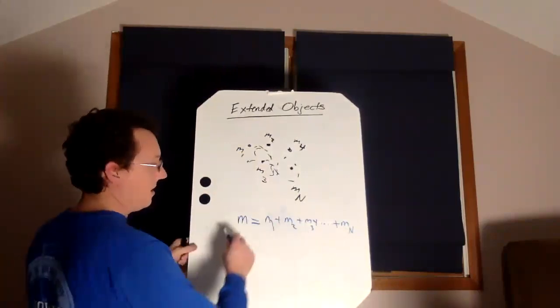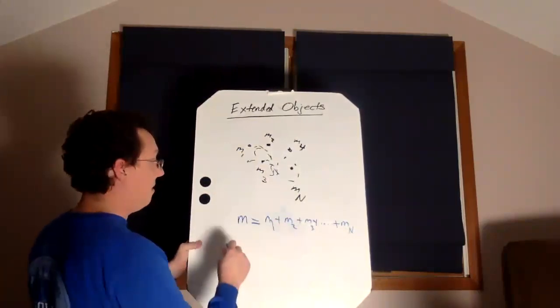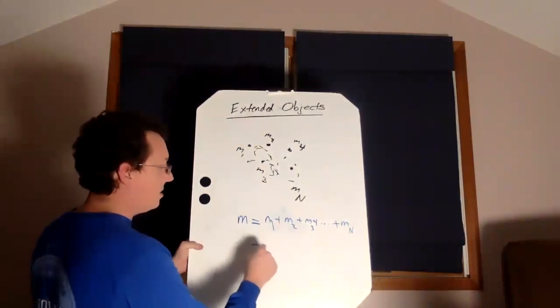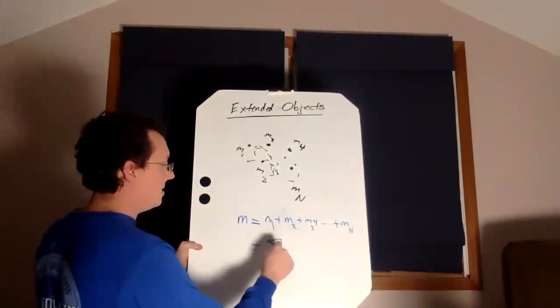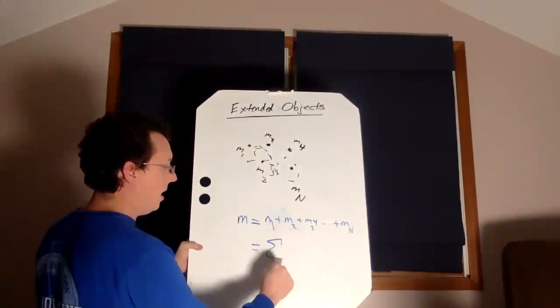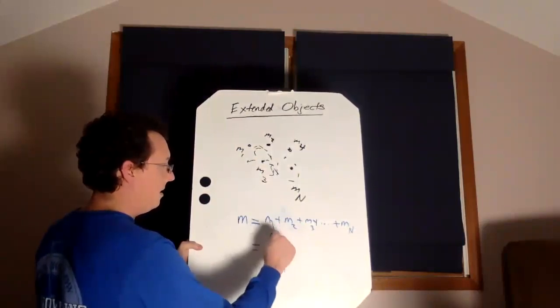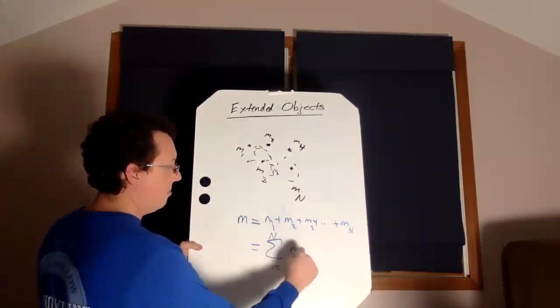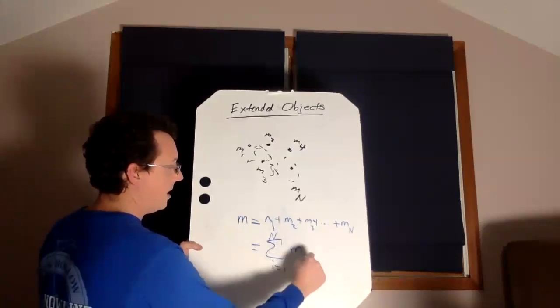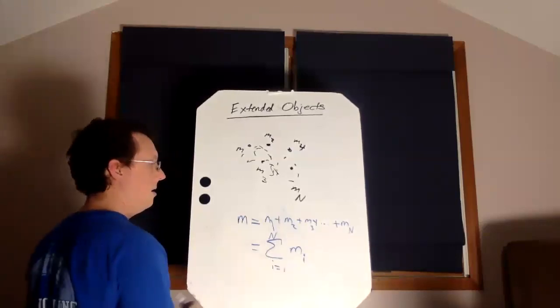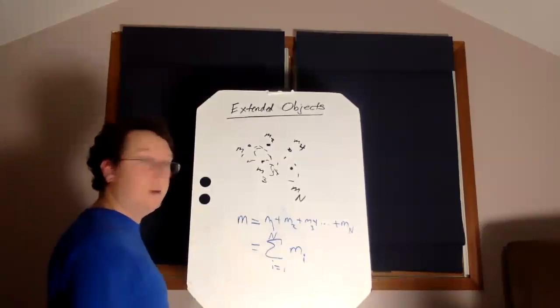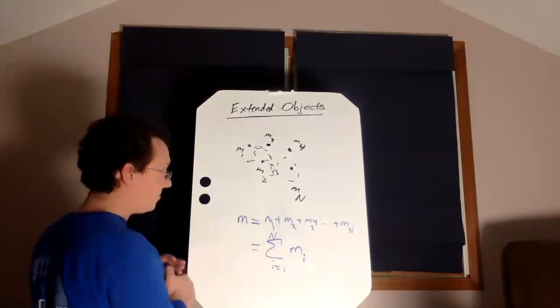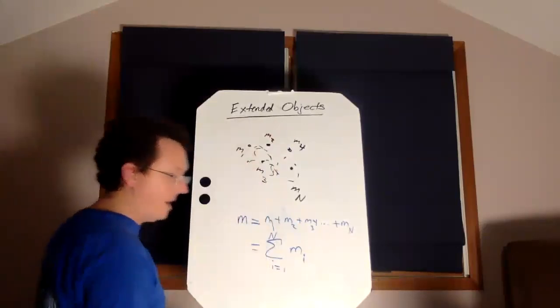Or, because that's a pain in the neck to write out every time, we could use a summation notation. We could say that's the sum over i from 1 to n of the mass m sub i. Okay? And that would work if you had a discrete set of masses.